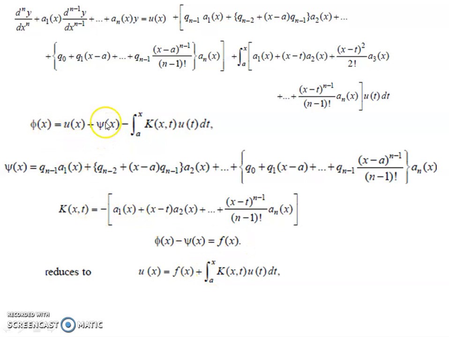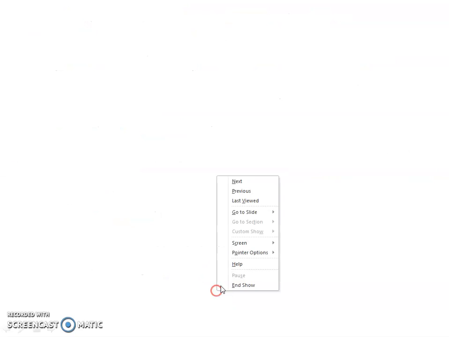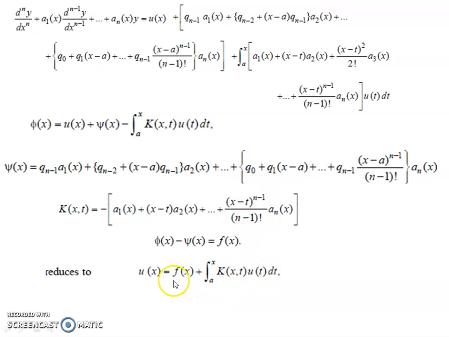So phi x minus psi x is ux, and fx is plus a2x kxt ut. So this is our Volterra's integral equation.